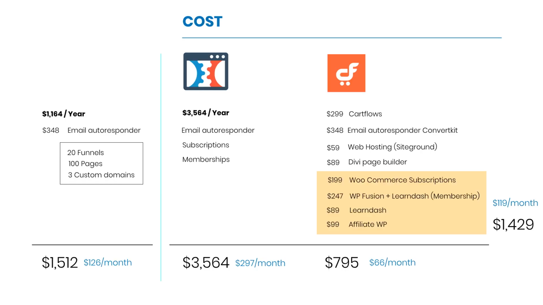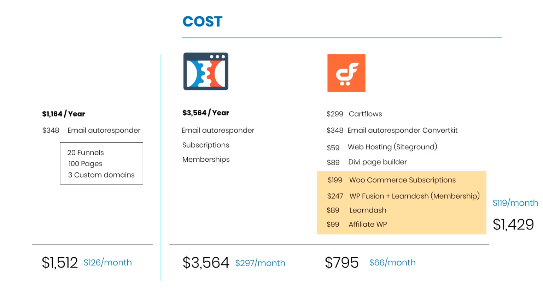Now, if you just want something really basic, this is an option that you could go with, but bear in mind, you won't have subscriptions, you won't have memberships, you won't have the email autoresponder, and all that good stuff. So if you have the basic plan on ClickFunnels, that's basically all you get. All you get is just 20 funnels, 100 pages, 3 custom domains, and you also have to get your own email autoresponder, and this will bring you to $126 per month.